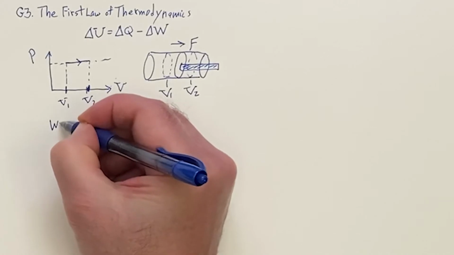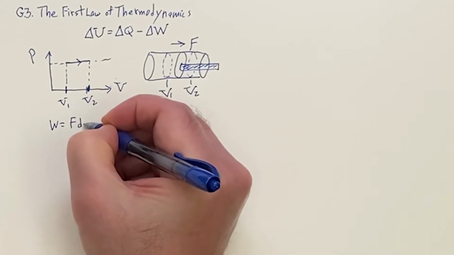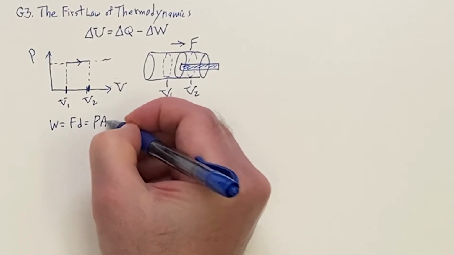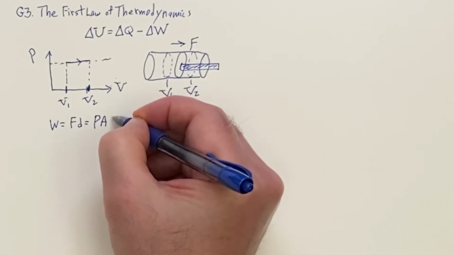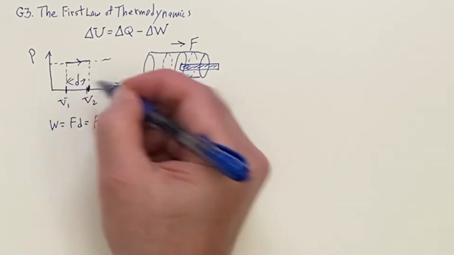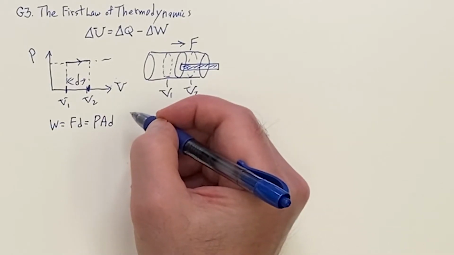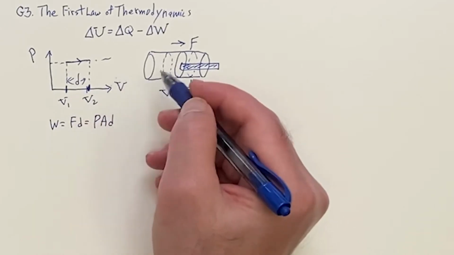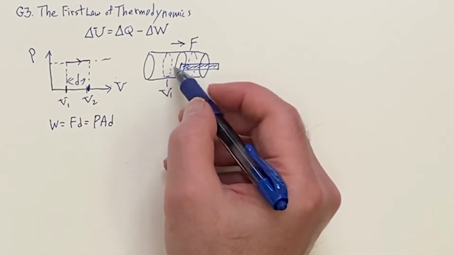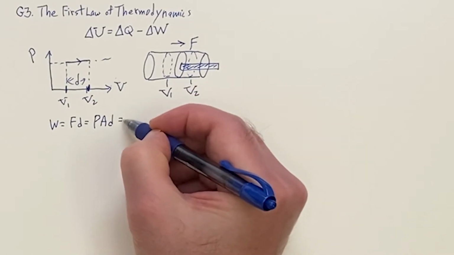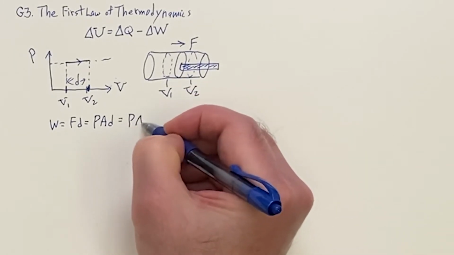So then the work is the force times the distance, and the force is the pressure times the area. And the distance here is D that it moves through, that corresponds to this volume change. So if you have the area times this distance, this is going to be your change in volume.